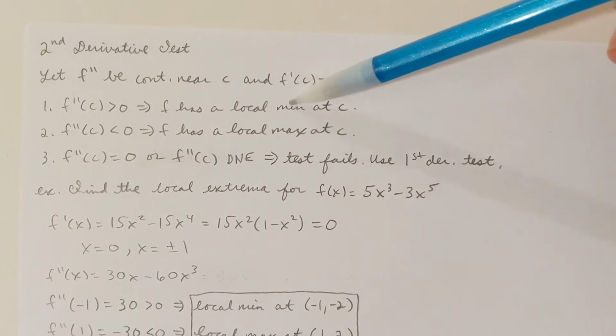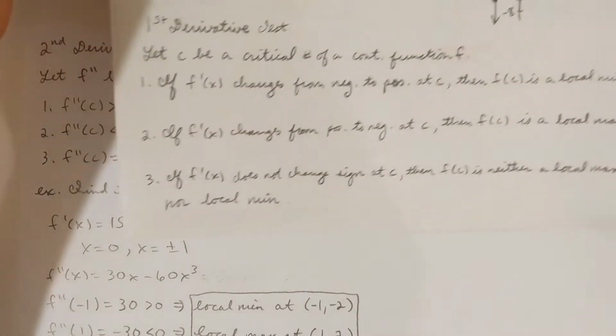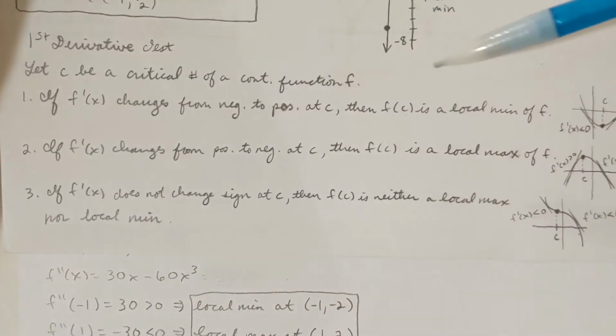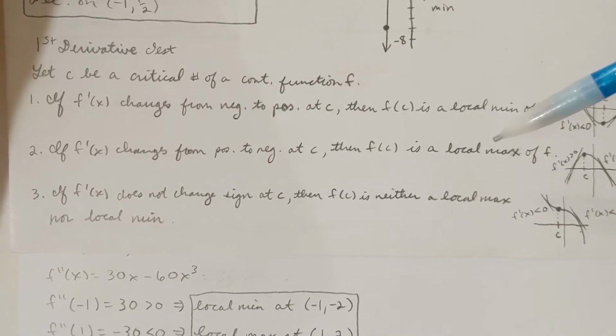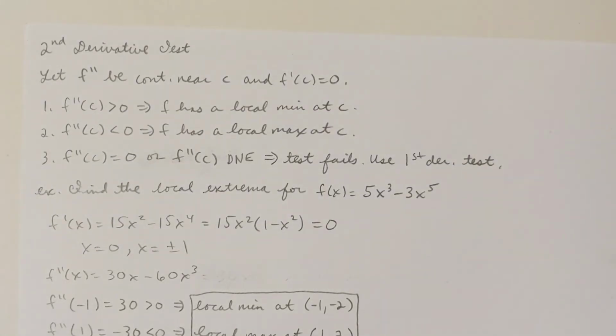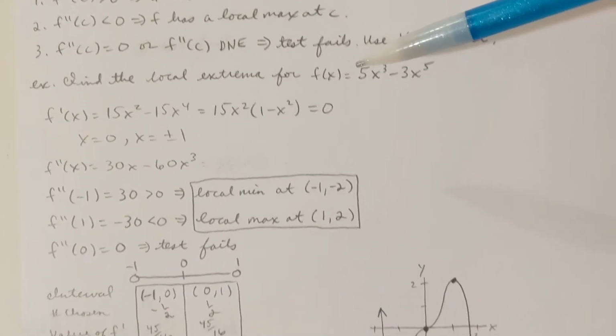It tells us where we have mins and maxes, potentially, just like the first derivative test told us where we have local mins and maxes. Students sometimes get those confused because they think second derivative, you're automatically doing things with concavity. Don't do that, okay? Let's take a look at an example here.